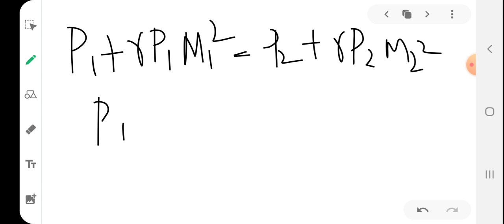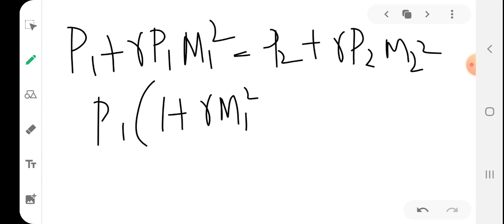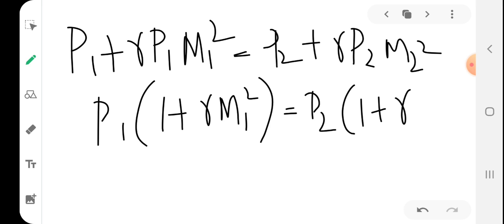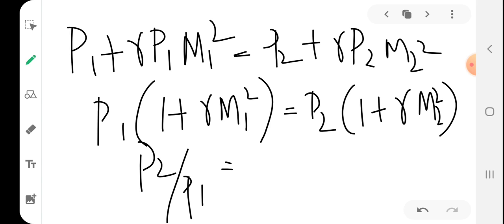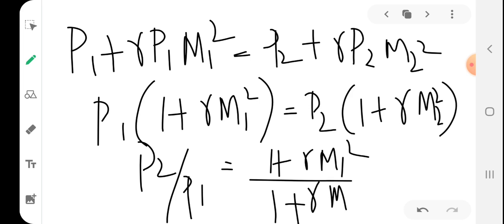So P1 common, 1 plus gamma M1 square equals P2 common, 1 plus gamma M2 square. So P2 by P1 is equal to 1 plus gamma M1 square by 1 plus gamma M2 square. So this is the ratio of pressure across the normal shock.